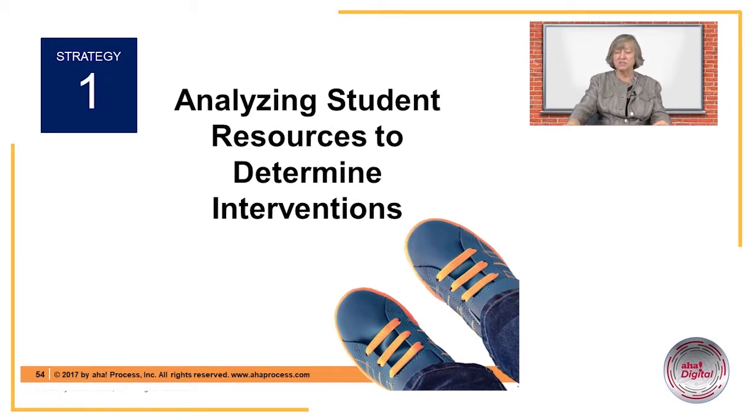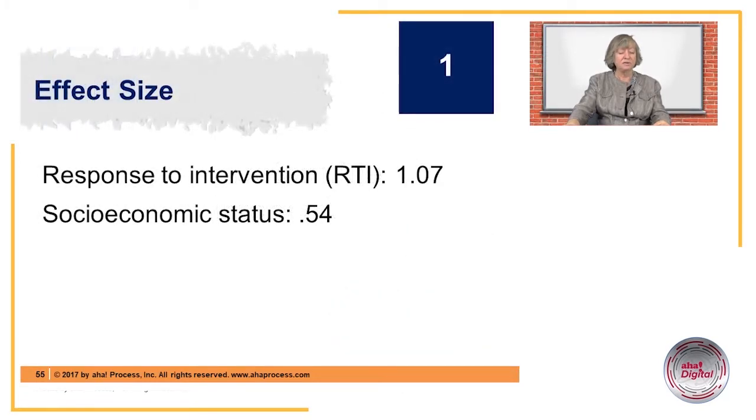Looking at strategy 1, you will notice as you go through the book that there is an effect size listed for every strategy. During our session today, we will not have time to analyze every effect size for every strategy, but we will look at some of them. For example, for strategy number 1, the research tells us that a response to intervention, or RTI, has a huge effect size of 1.07.